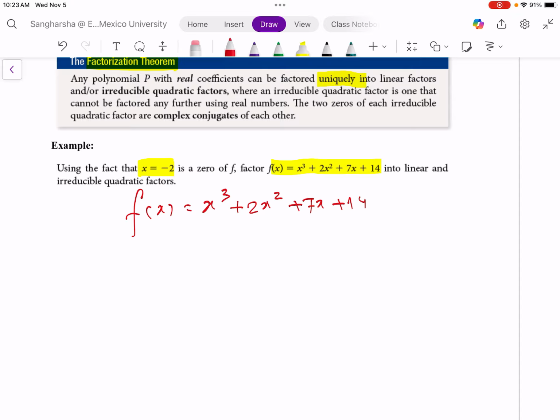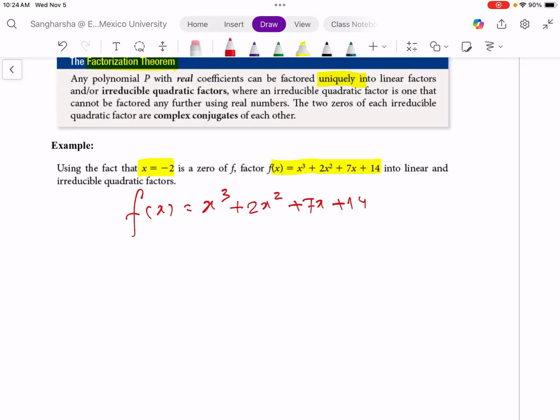We know x equals -2 is a 0. If -2 is a 0, we already know one factor. What is that factor? Since -2 is a real 0 of that function f, we already know one factor. And what is that factor? x minus this real 0.